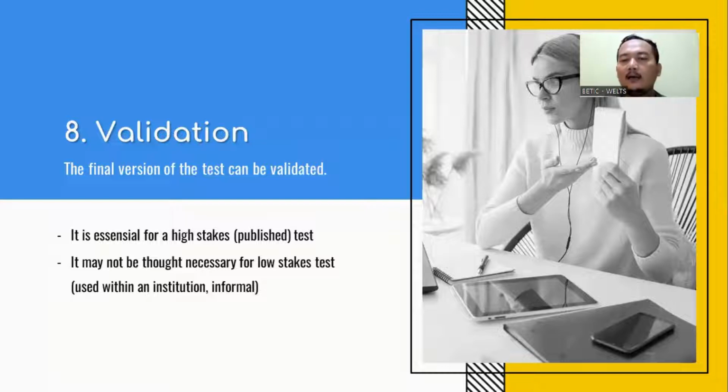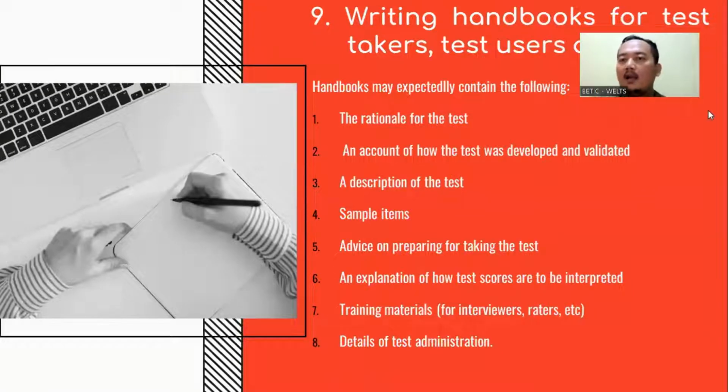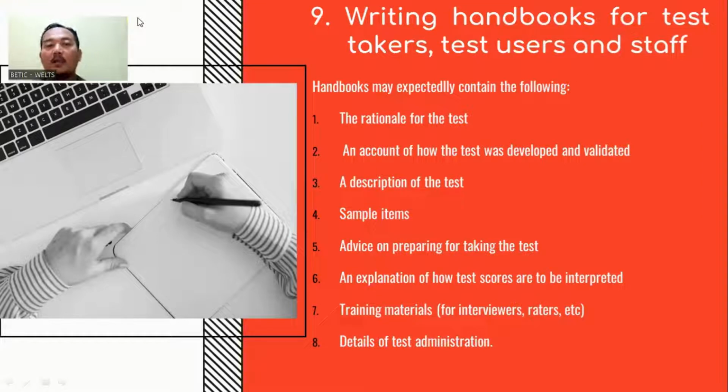Okay, and then stage number 9 is, if we want to develop the test, then we have to consider this one. We need to write handbooks for test takers, test users, and staff. Test takers are people who are willing to do your task.